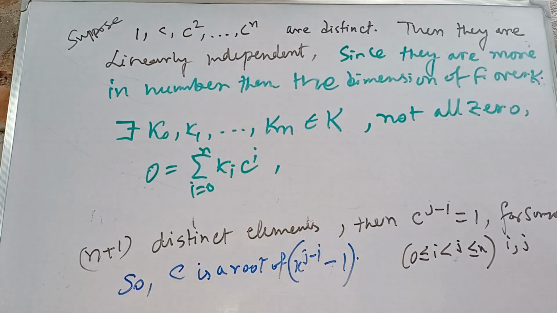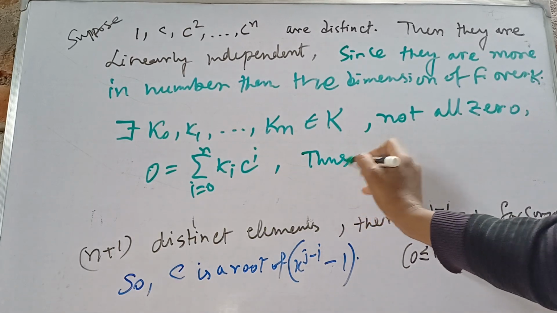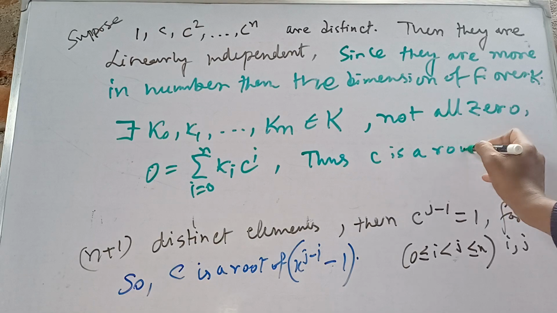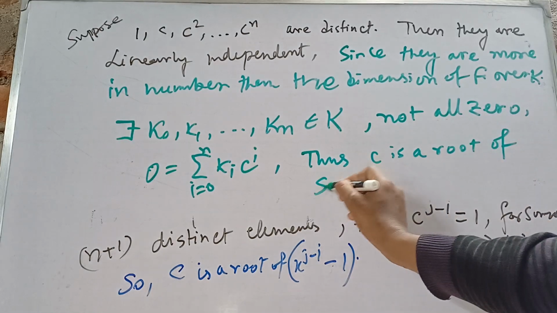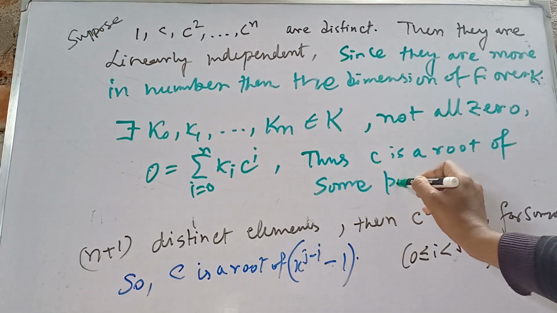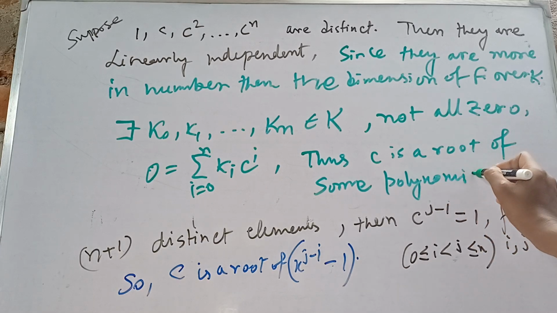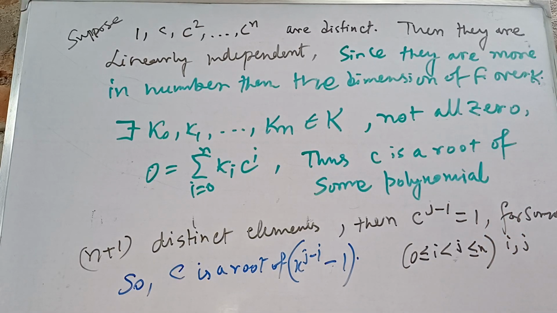So some linear combination sums to 0. Thus c is a root of some polynomial, the summation i equal to 0 to n of ki x to the power i over K.